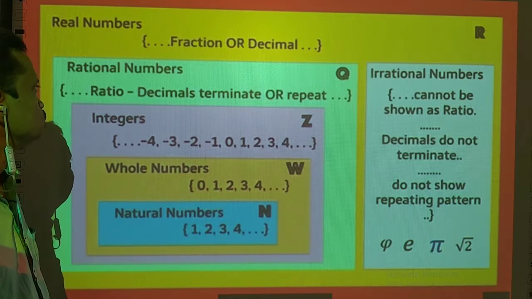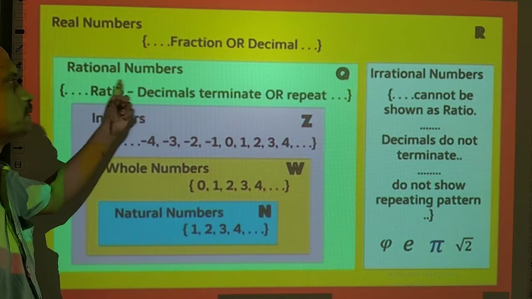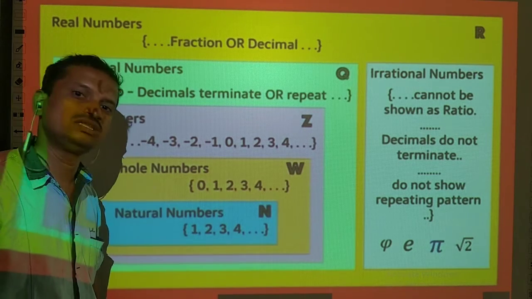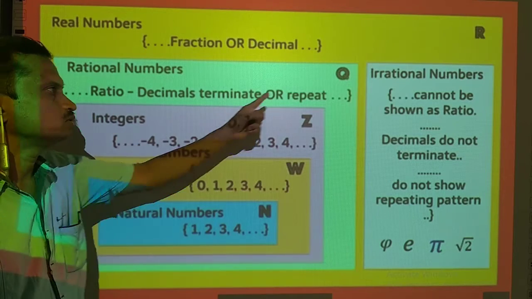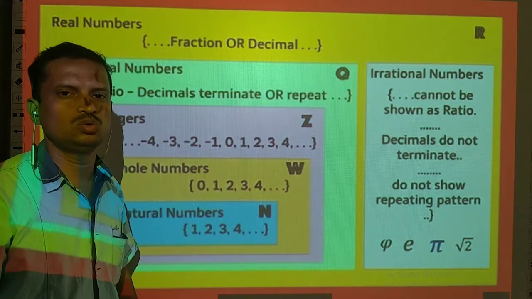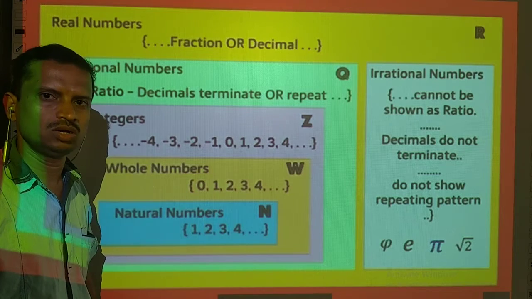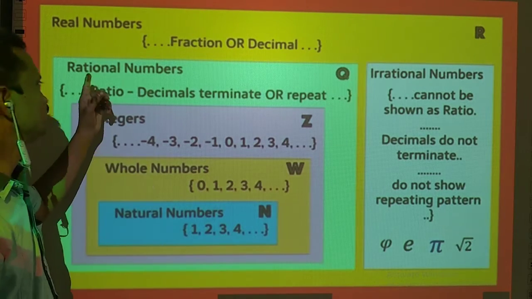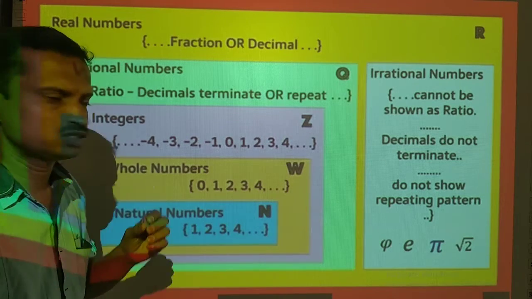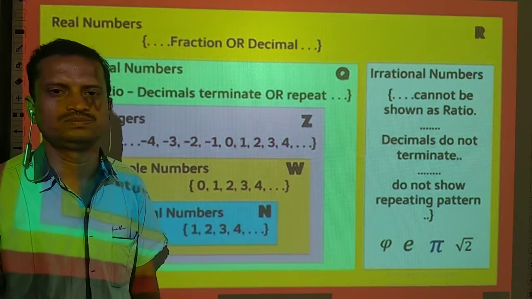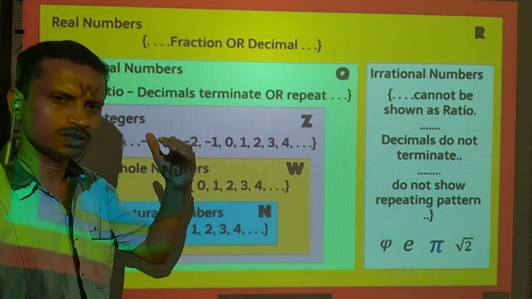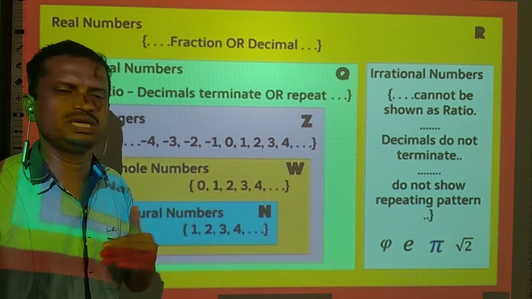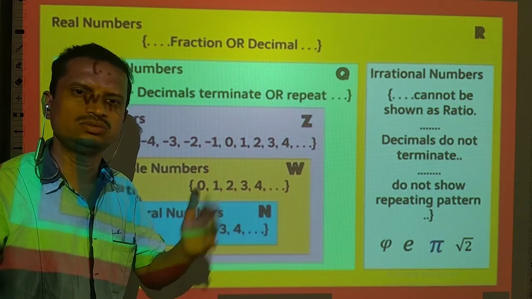And then coming to rational numbers. That is the first chapter of 8th standard. The letter Q is used to denote rational numbers. The word itself, the first 5 letters, is ratio. Ratio means 2:3, you can write as 2/3.